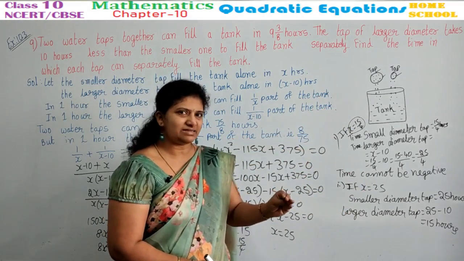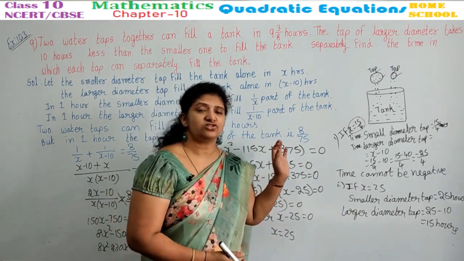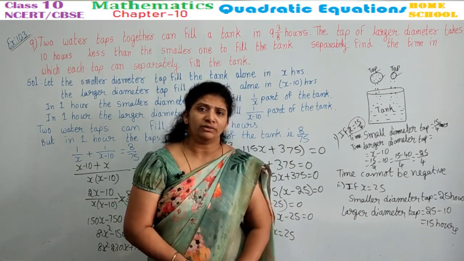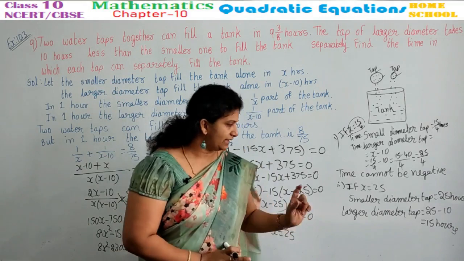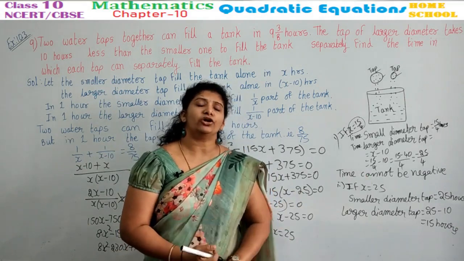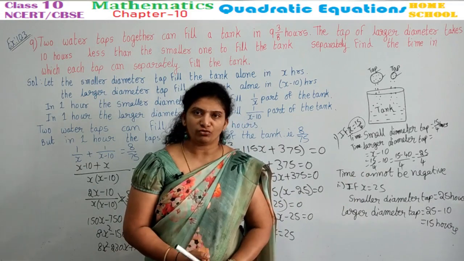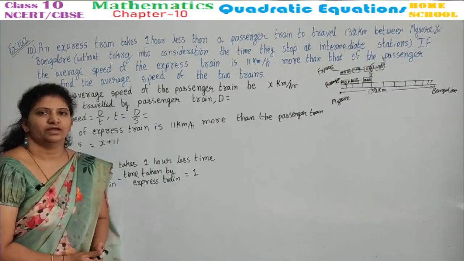Why? 10 hours less than the smaller diameter tap. Understand this, children. This is a verbal problem. When we are solving any verbal problem, verbal statements are compulsory. And at the end also, you need to end your problem with the statements. Without statements, if you write, you are going to lose your marks in examination.